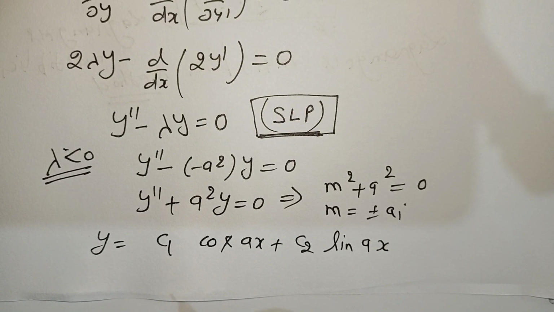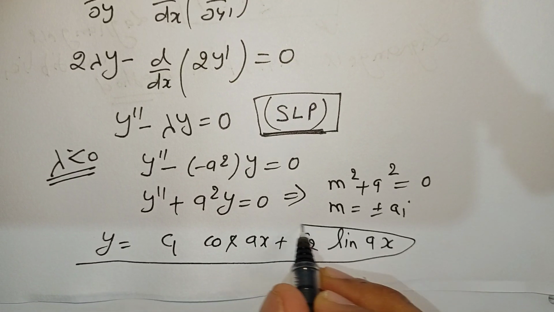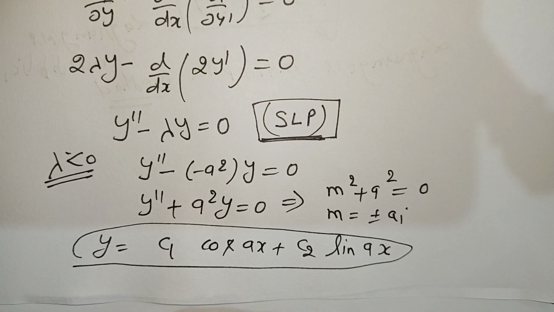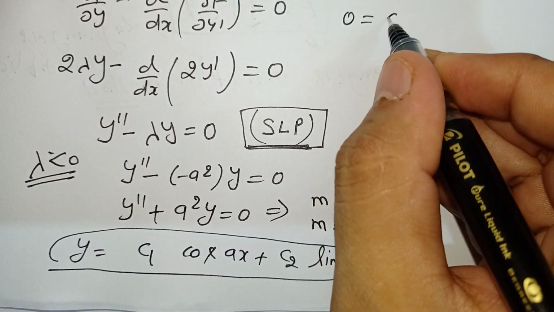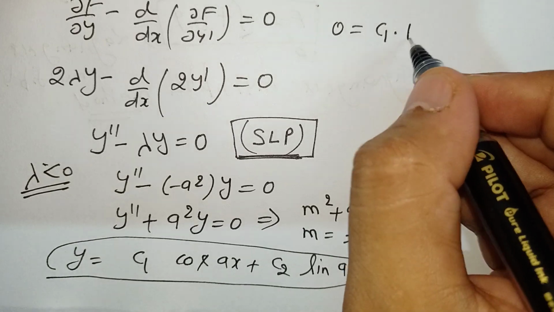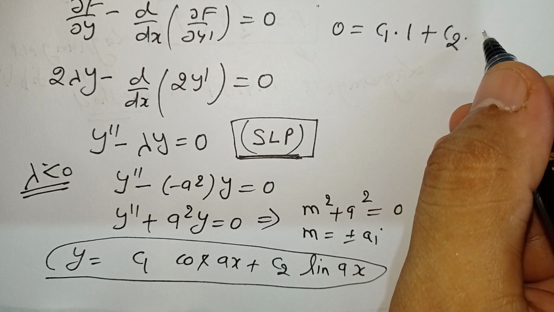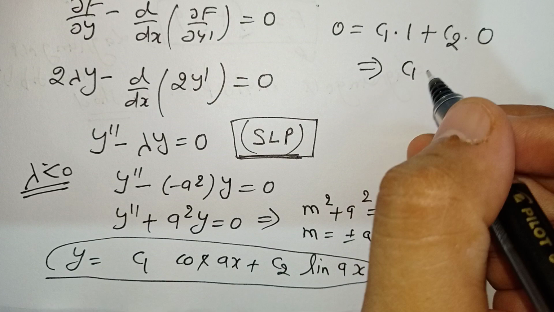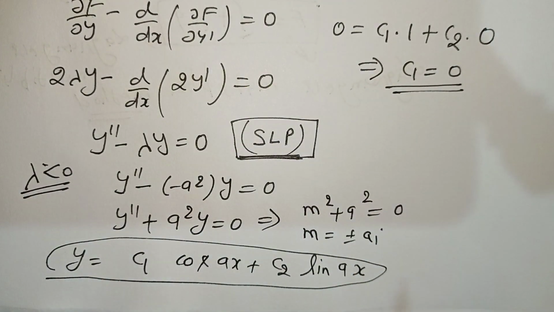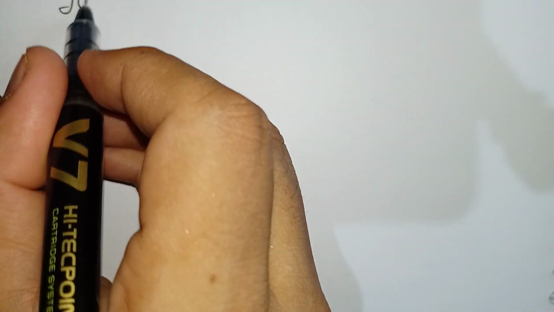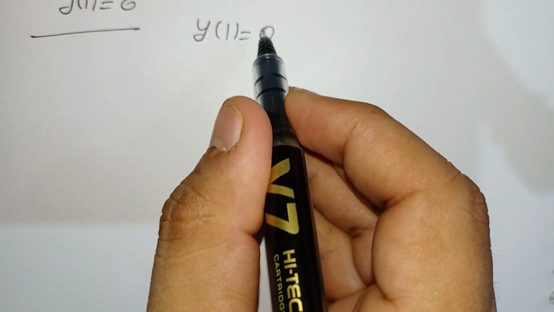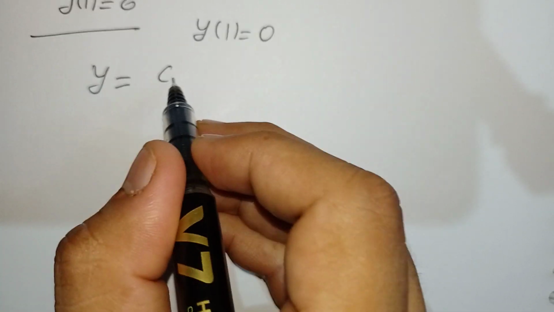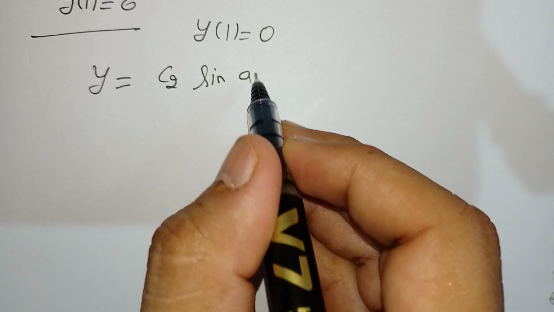Fine. Now using the boundary condition, first boundary condition y(0) equal to 0. So from there we get 0 equal to c1 cos 0, which is 1, plus c2 sin 0, which is 0, which implies c1 equal to 0. Fine. And the second condition, y(1) equal to 0, so y we have c2 sin ax.